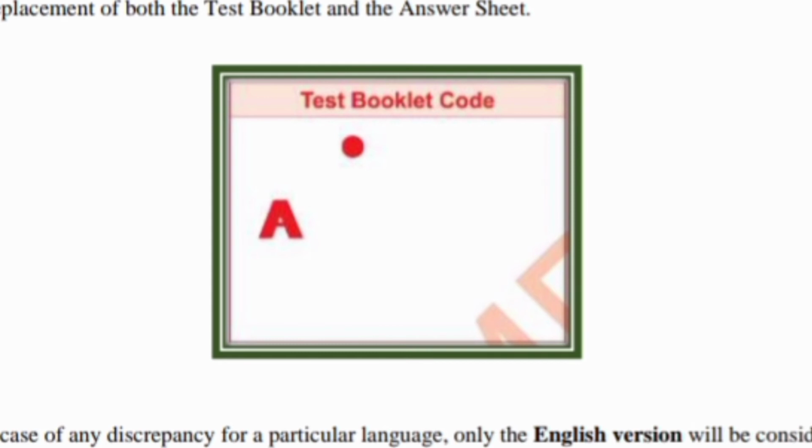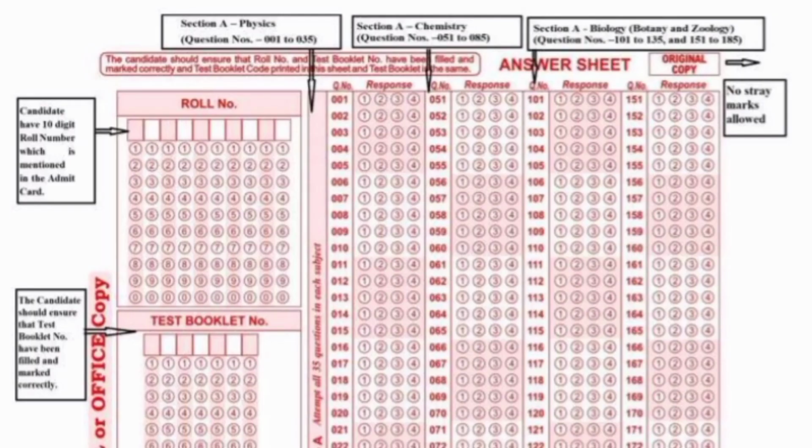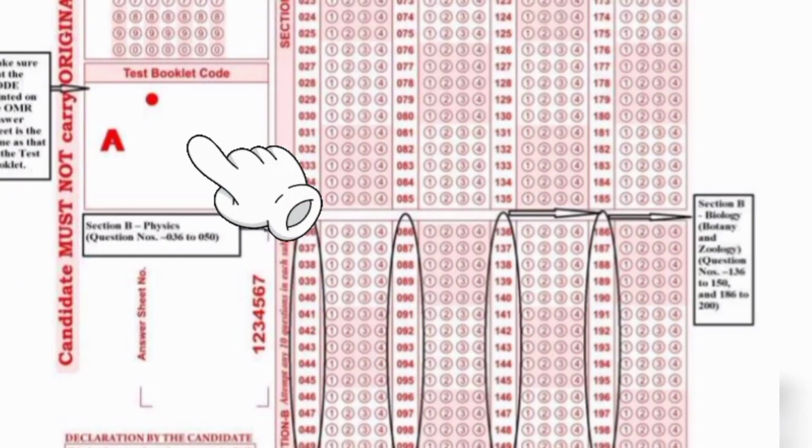So these are the basic instructions. Let me say it once again. In the first column, you can find your roll number; write it carefully and bubble the same number as you get. The second one contains the test booklet number. You have to write it and also bubble the same number as given below. Next, look at the test booklet code. If you find that your test booklet code and OMR sheet code are different, you have to inform the invigilator as soon as possible.